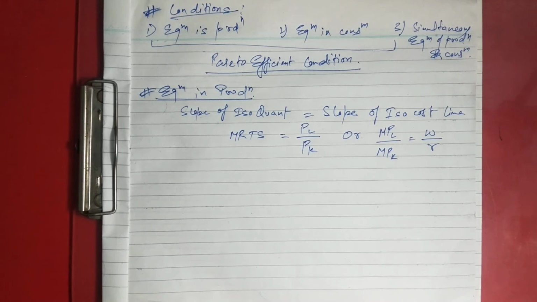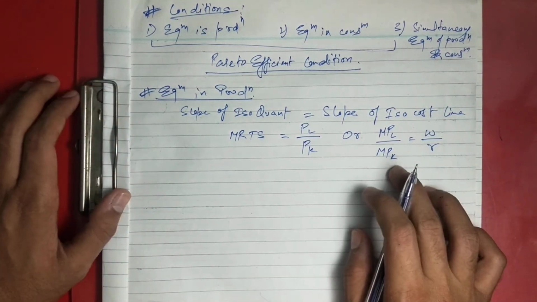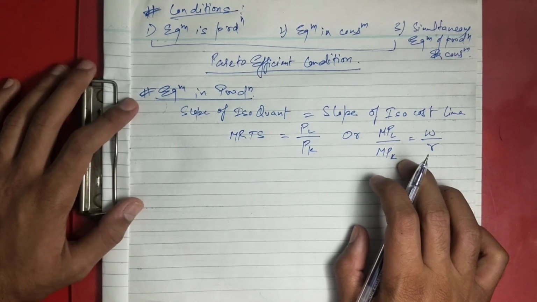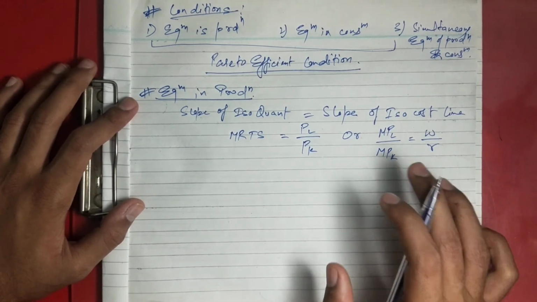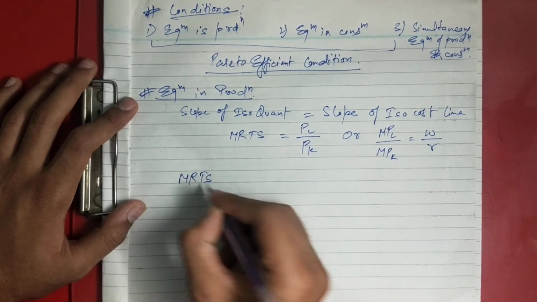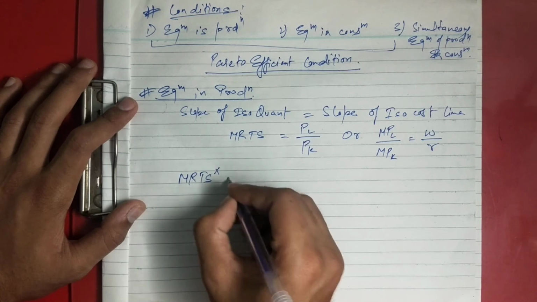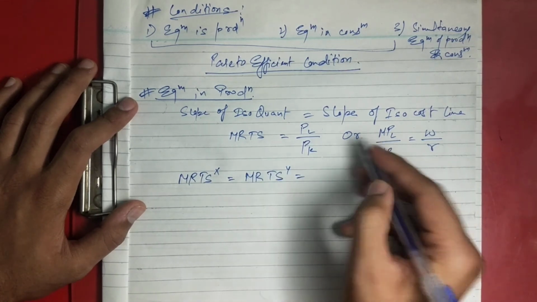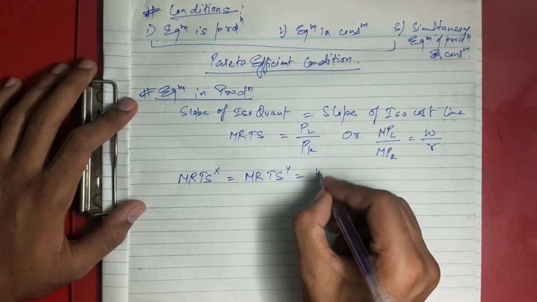Okay, but this condition is only applicable for one good, and we are studying the general equilibrium model, so there will be a joint equilibrium condition. So what will be the joint equilibrium condition in this case? The MRTS of good X and the MRTS of good Y are equal to W by R, which will be the same in both cases.